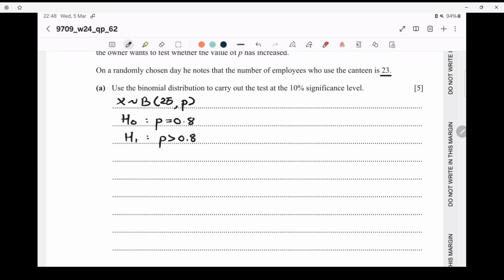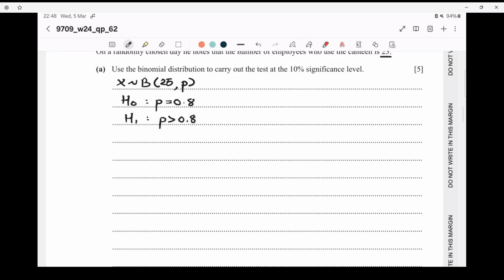So what we need to do is to find this probability. So if this is smaller than 0.1, then it means that you have enough evidence to reject the claim. So you just calculate 23, 24, plus 25. So use the binomial distribution formula.